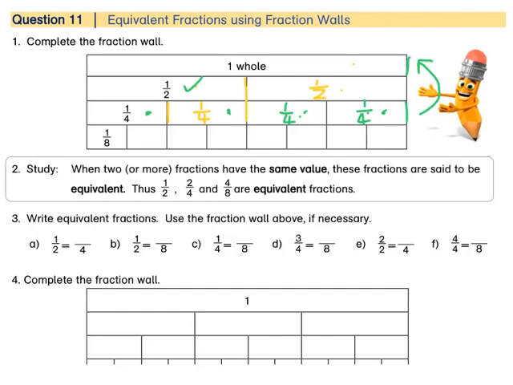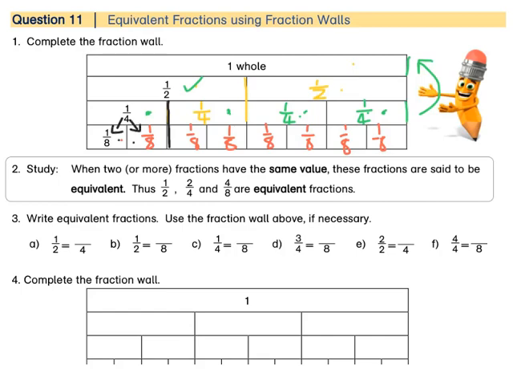Lastly, if we divide the whole into 1, 2, 3, 4, 5, 6, 7, 8 equal parts, we are working with eighths. There are 8 eighths that make up one whole. Another interesting part is that if we take a quarter and we divide it into 2 equal parts, a quarter divided into 2 means that we are working with eighths.